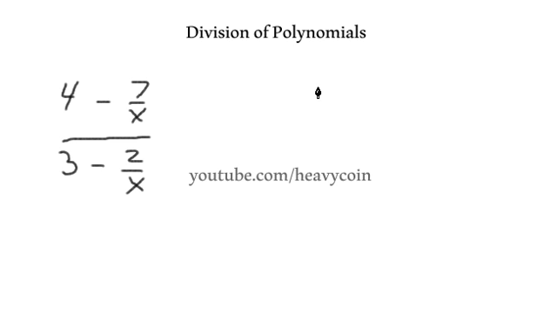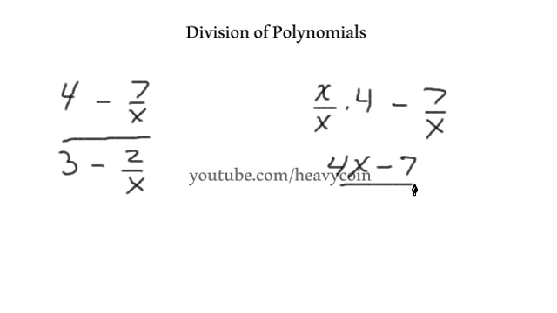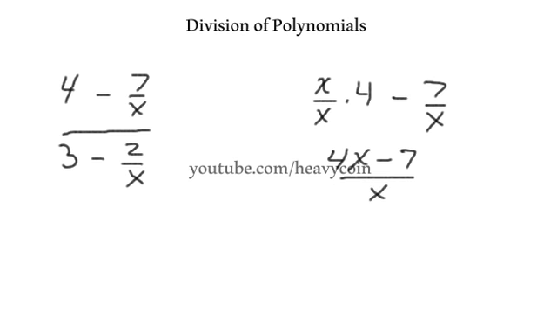We're going to need to get a common denominator first off. So I write x over x next to 4 so we can get a common denominator. So now we have 4x minus 7 over x. So that's going to be the numerator.